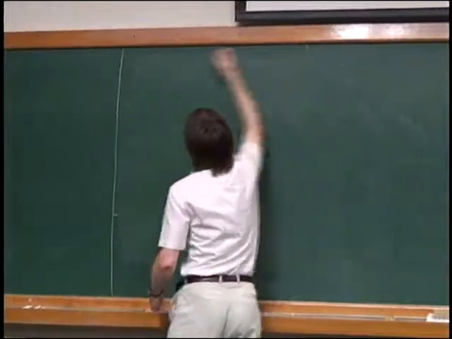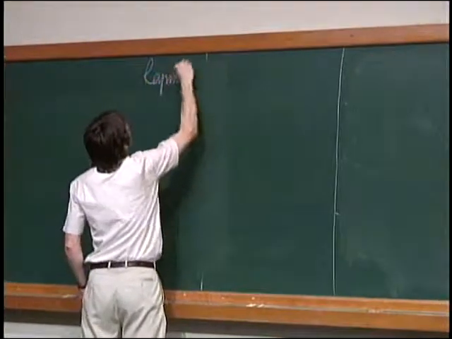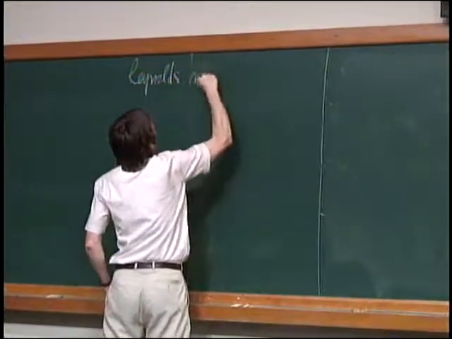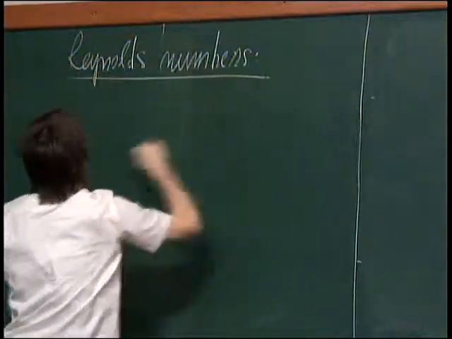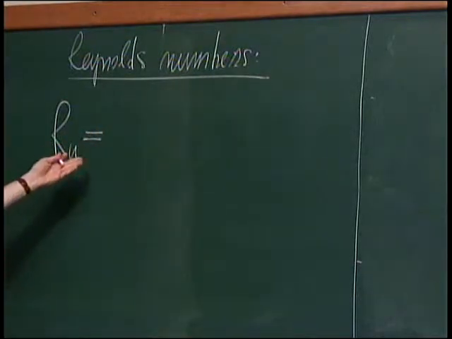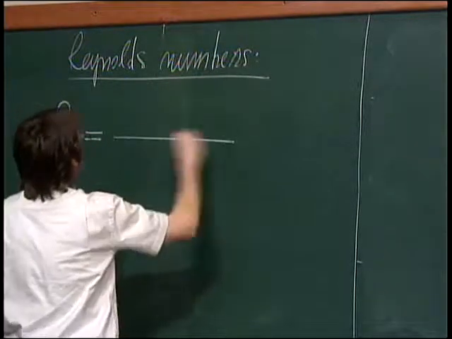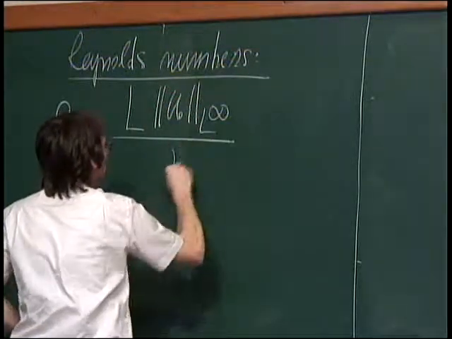Let me introduce quantities related to initial data, and I want to introduce some Reynolds numbers computed at initial data. You can define a Reynolds number very naturally associated to the velocity: L times the L infinity norm of U0, divided by nu.